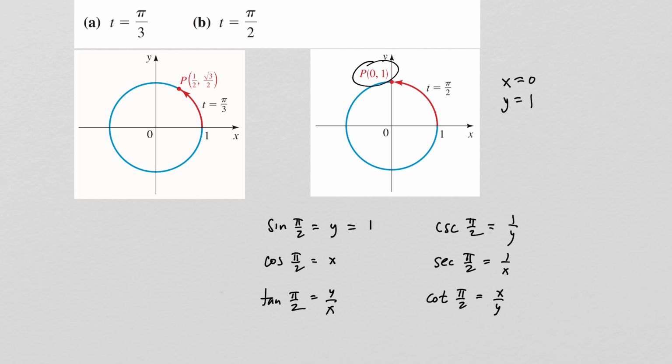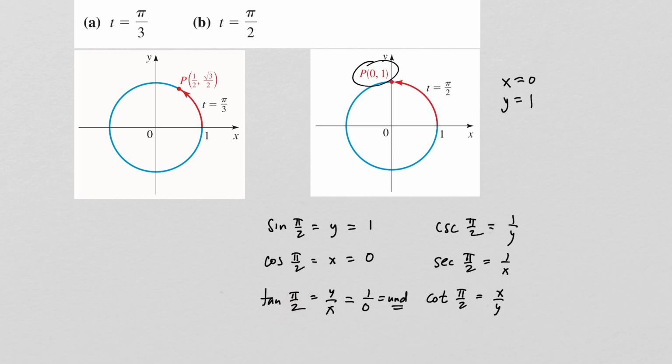The sine of pi over 2 will be 1. Cosine of pi over 2 is 0. Now, tangent of pi over 2 is 1 divided by 0, which is undefined. So some values of some trig functions are undefined depending on which value you are at. For pi over 2, tangent is undefined.